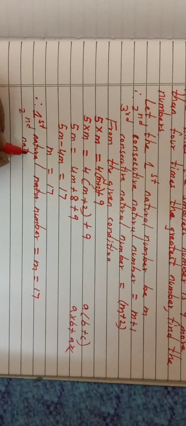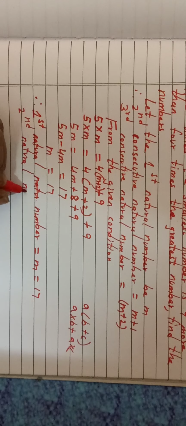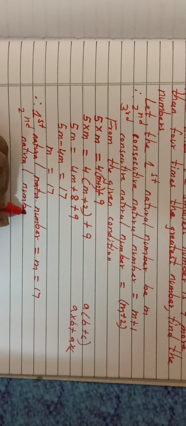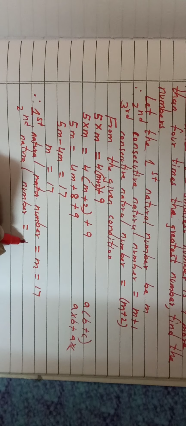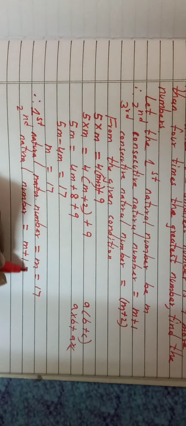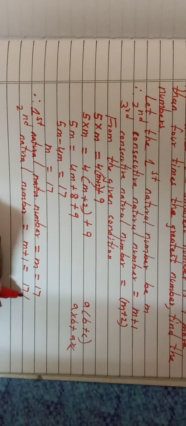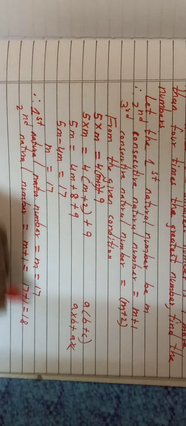Second natural number is equal to m plus 1, which is equal to 17 plus 1, 18.